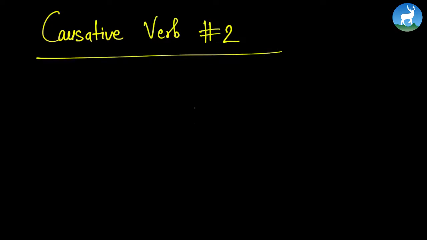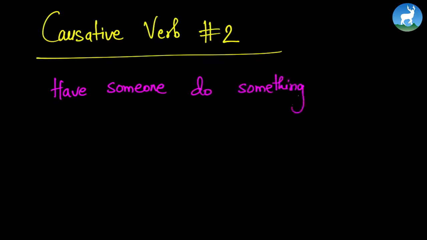What is causative verb number 2? It is have someone do something. Have someone do something. It could be something like this.